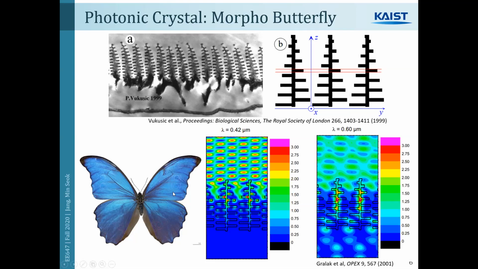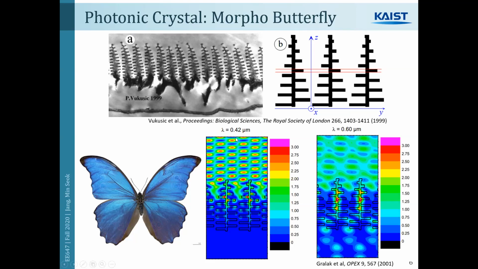So what's special about this is that if you imagine that you take this black material and make it into a flat surface without any structure, then you may not be able to see any color.